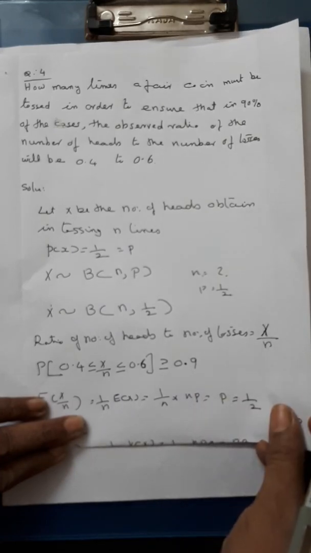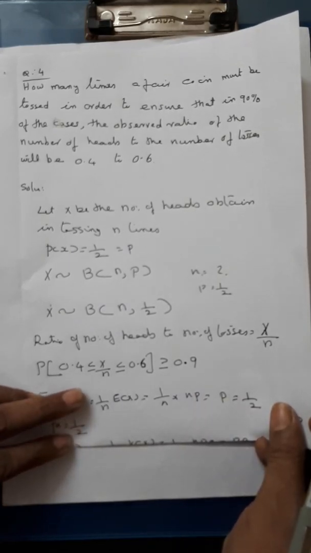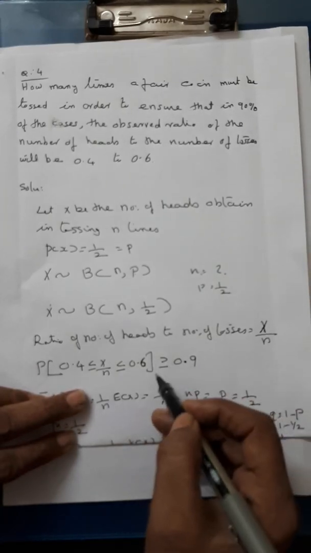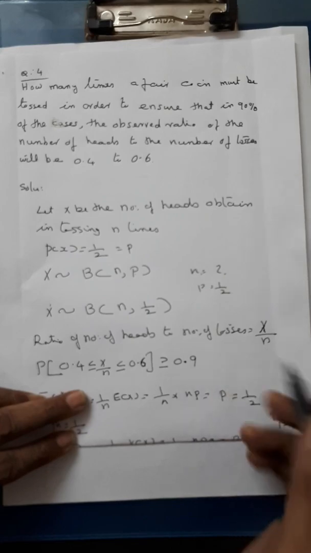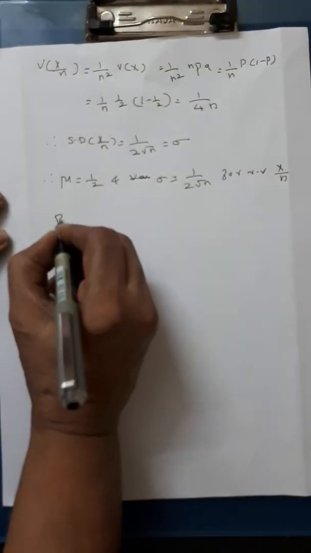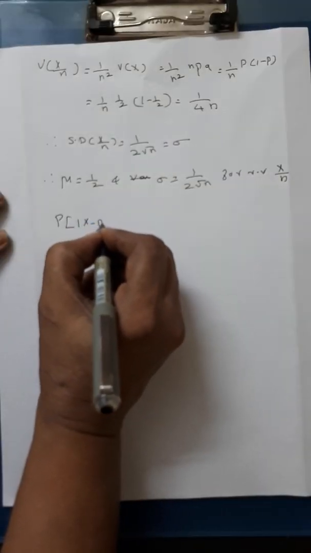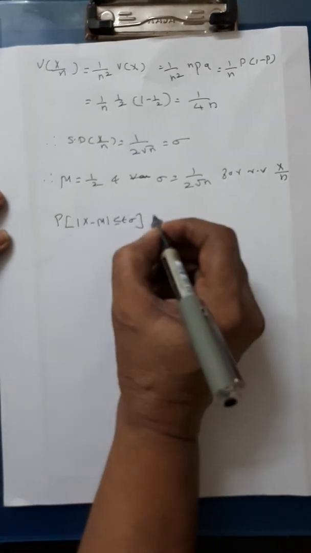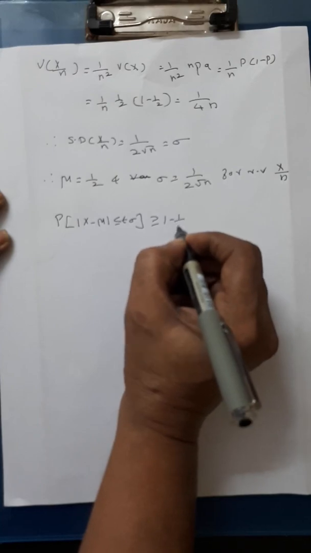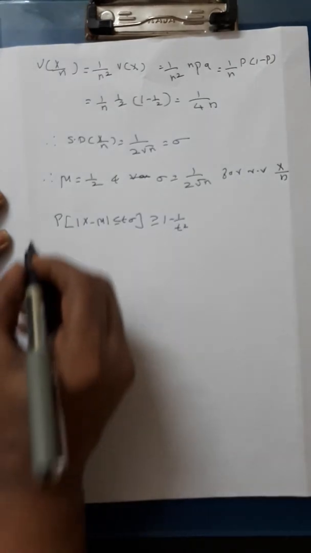So the appropriate Chebyshev's form for this lower bound is P of mod x minus mu less than or equal to t sigma, greater than or equal to 1 minus 1 by t square.